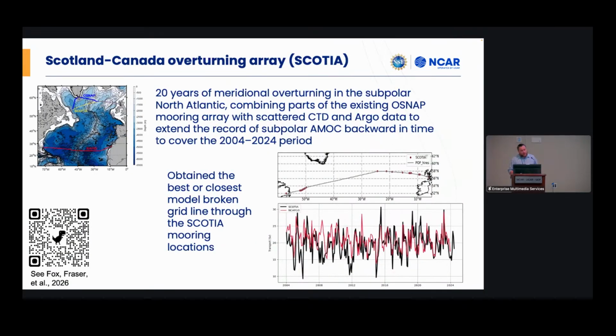Just a few words on this. You may have heard about it or not, but there is a new line that is coming up. It's the Scotia Canada Overturning Array, or Scotia in short. This line is actually using part of the OSNAP array that was in the water prior to OSNAP coming online.